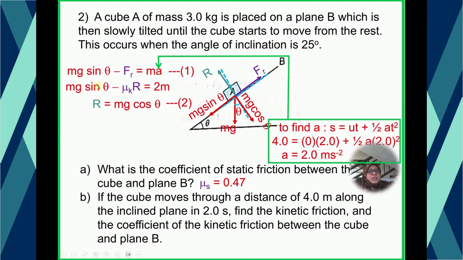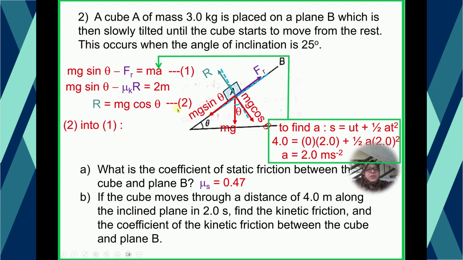So we get mg sin theta minus Fr, which is mu k R, equals ma, which is 2m. This is equation 1. Now from these two equations, we solve for mu k using simultaneous equations.